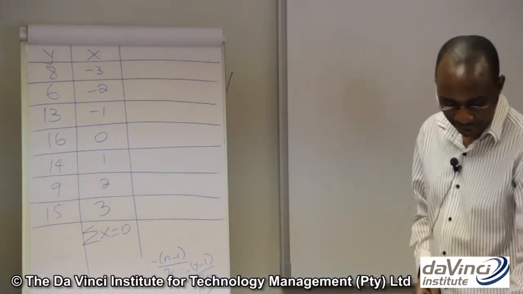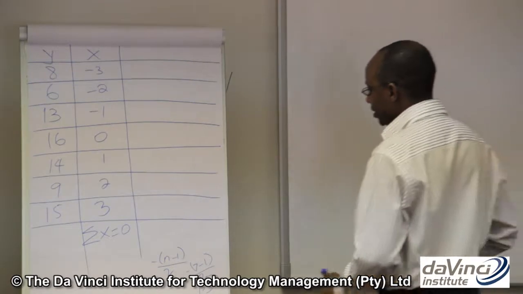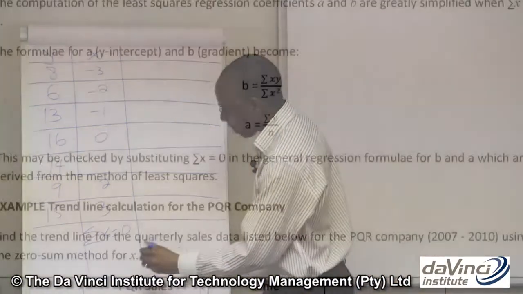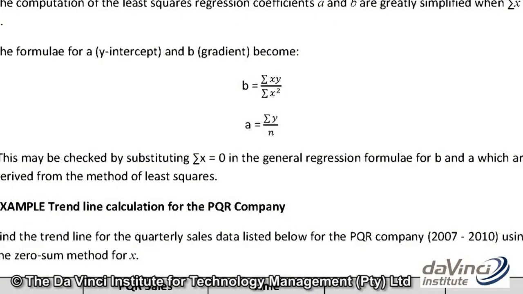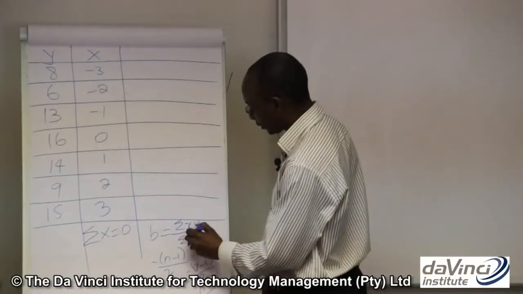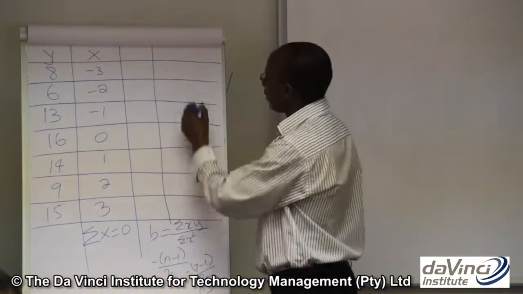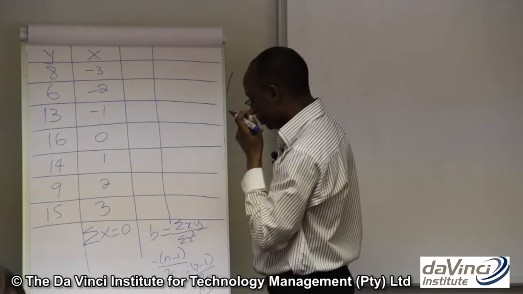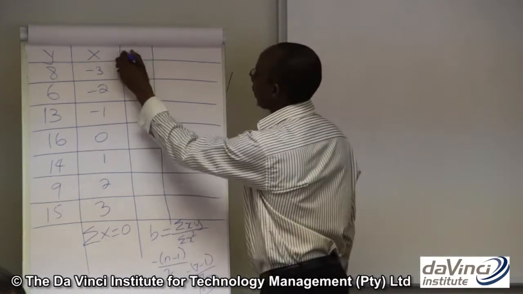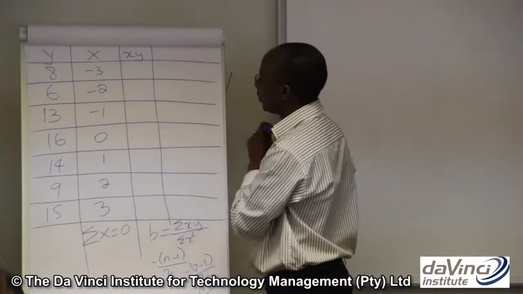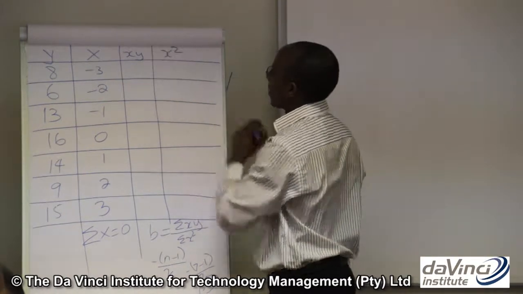Now, using this method, because the sum of x is 0, the way of finding b changes. It becomes sum of xy over sum of x squared. So here you would go on now and find xy and x squared.